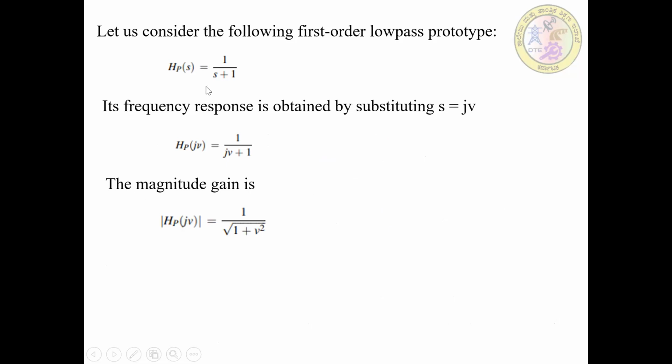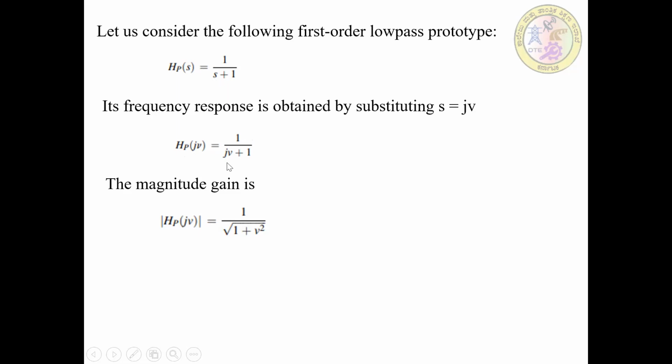It is given by HP of S equal to 1 over S plus 1. Its frequency response is obtained by substituting S equal to j nu into this equation. So we obtain HP of j nu equal to 1 over j nu plus 1.